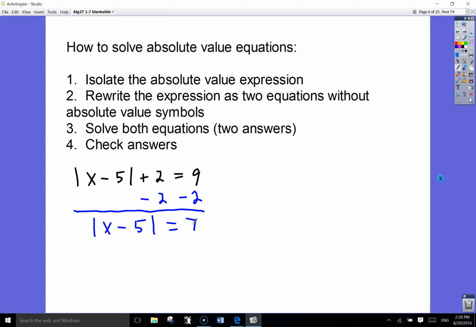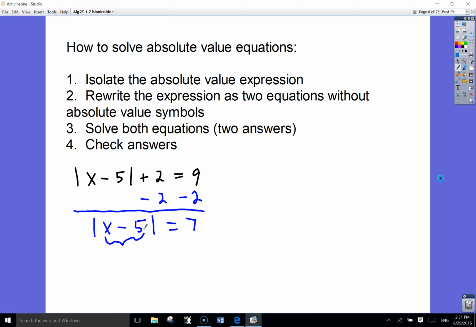Step 2. We're going to rewrite this relationship into 2 equations, neither of which has absolute value. We can say this same thing without using absolute value symbols. So the first instance is, what would happen if you take the absolute value of x minus 5 and x minus 5 is actually positive?